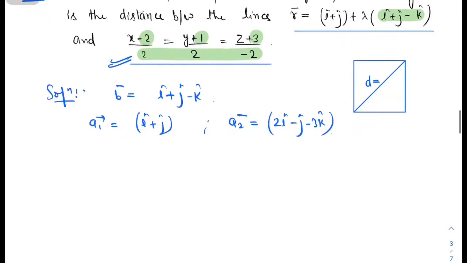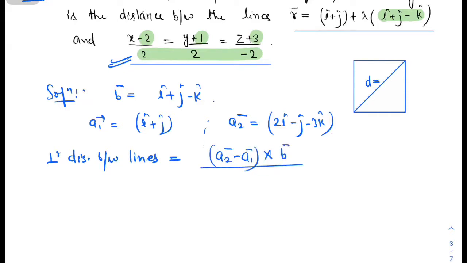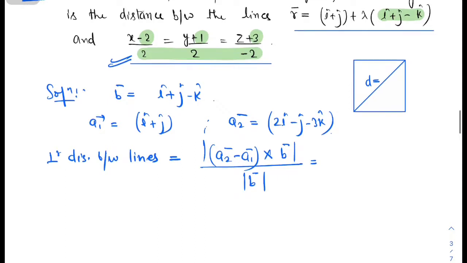Okay, so the perpendicular distance between lines will be the mod of a2 vector minus a1 vector cross b vector, divided by mod of b. So what is mod of b? Mod of b is root 3.